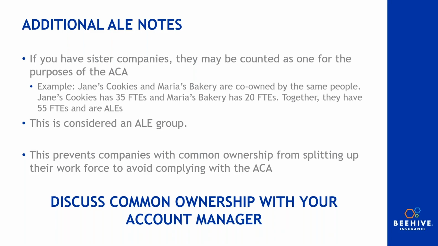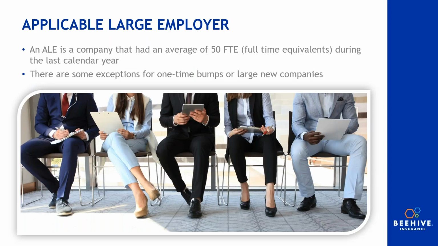The other exception that we mentioned earlier was if you knew you were going to be large. So going back to our ALE slide. So some exceptions for one-time bumps, which we did go over, and also large new companies.